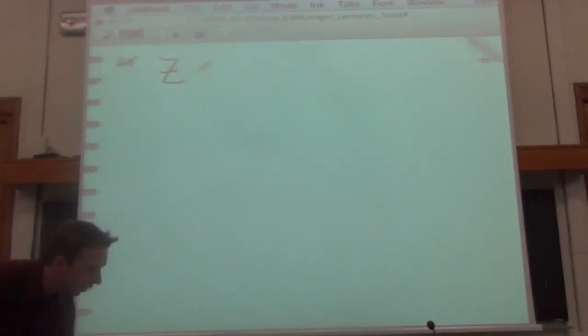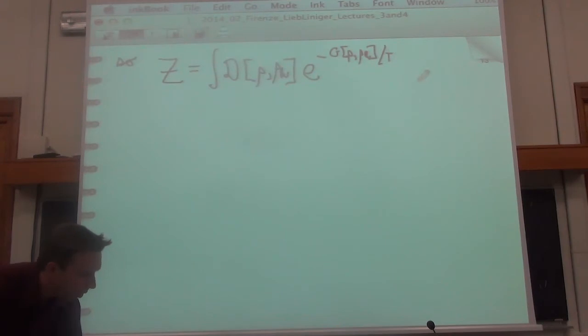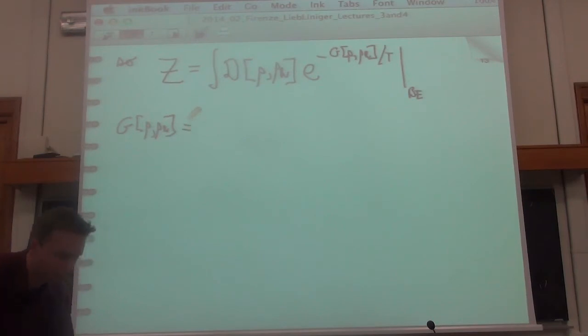So our Z here we can write as a functional integral over these, maybe let me write it like this, e to some functional G of rho hole, modulo the Bethe equations, where this Gibbs free energy is given by a kind of long thing.